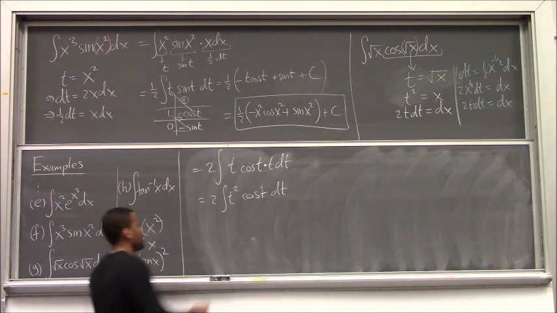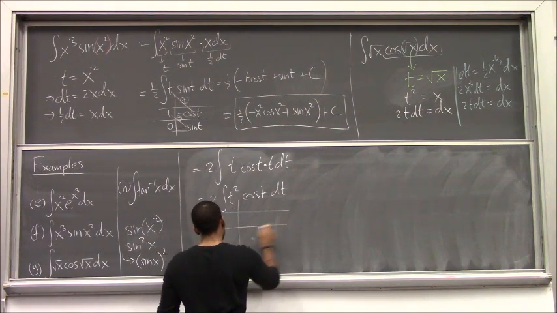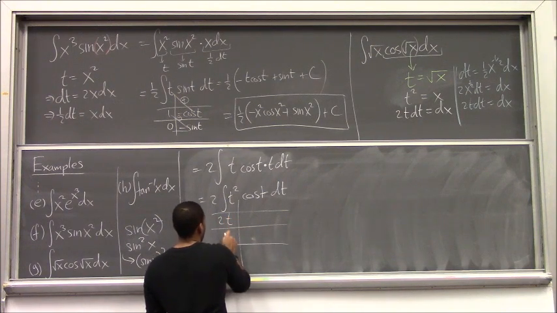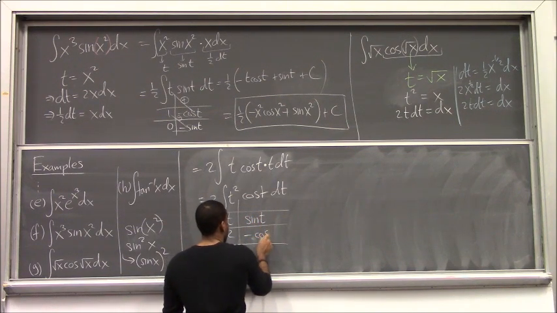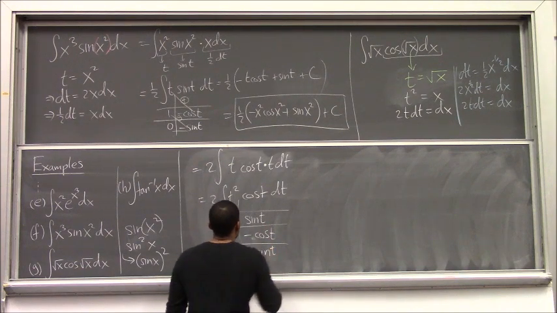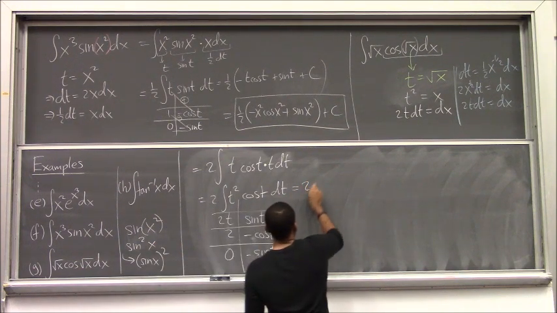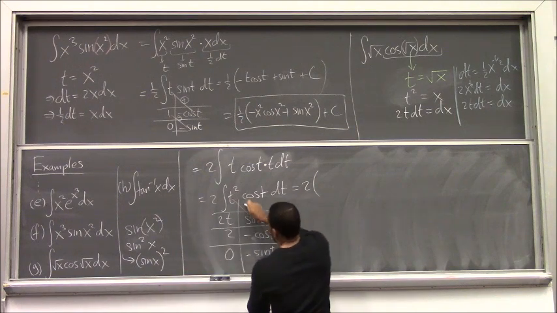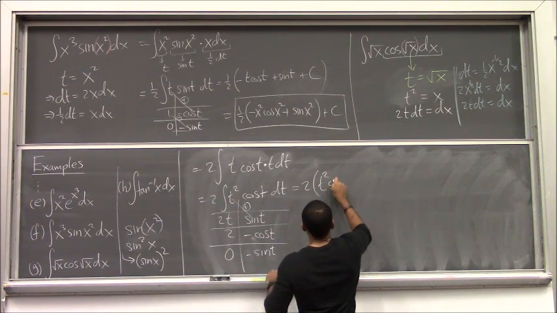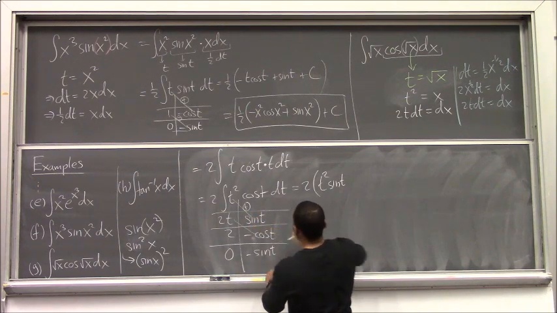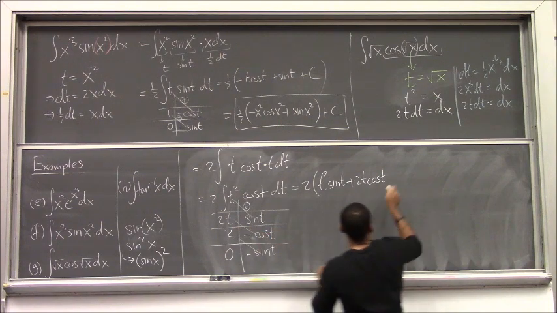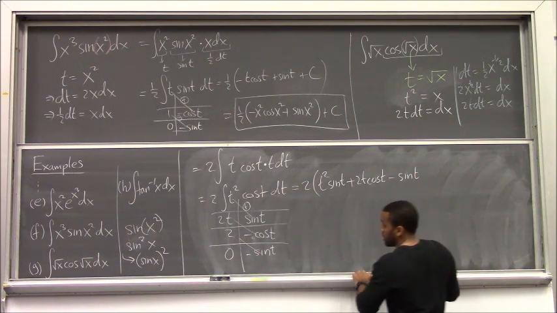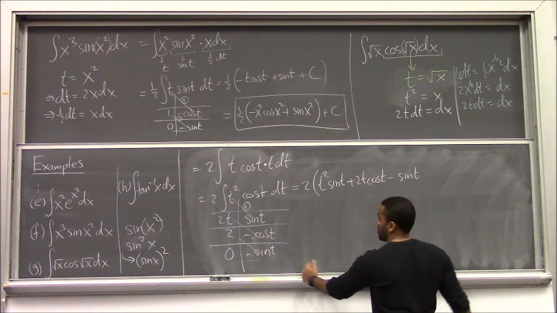Tabular. Tabular, probably. Right, because if I did integration by parts, I'd have to do it twice. Integral of cosine, positive sine. So it's going to be 2 times this times that with a plus sign, t squared sine of t, minus this times that, plus this times that, minus the integral of that, which is the integral of 0.